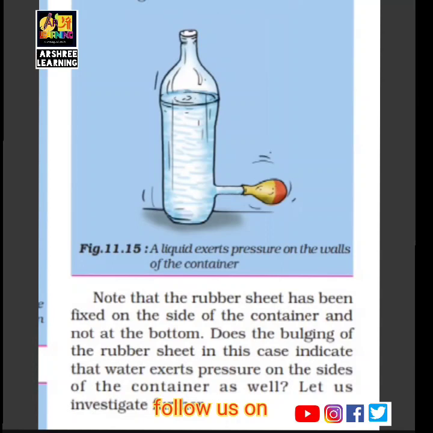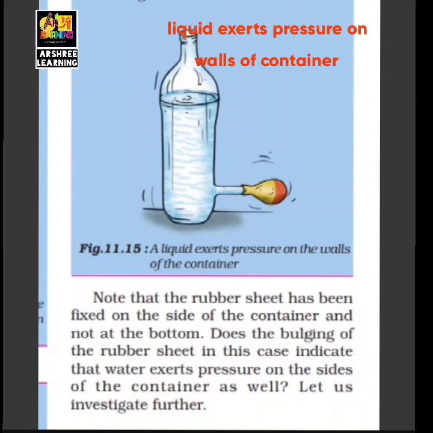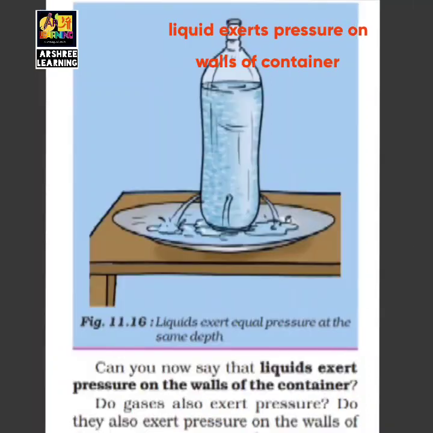This is a very important property of a liquid which is seen around us. We'll read about it in the later slides. The bulging of the rubber sheet in this case indicates that water exerts pressure on the sides of the container as well.